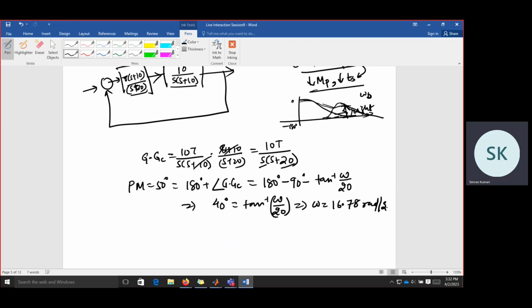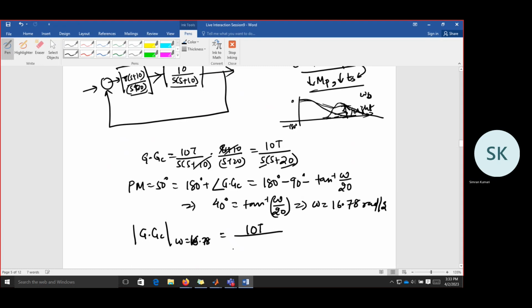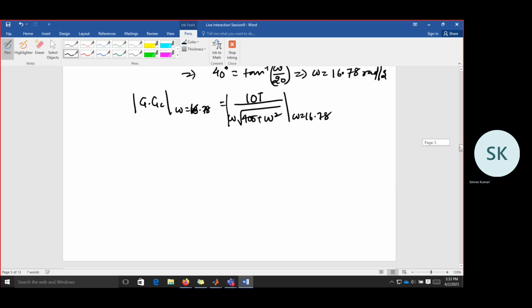Now to have this phase margin of 50 degrees at this frequency, the magnitude of this open loop transfer function should be 1. So this should give 10T over root of (400 plus omega square), with omega equal to 16.78, equal to 1.